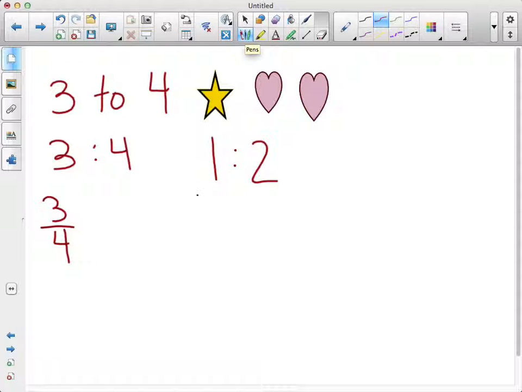I can write it as 1/2 because there are half as many stars as hearts. There's 2 hearts, half of 2 is 1, so there's half as many stars as there are hearts. It's 1 to 2, or 1/2 as many.